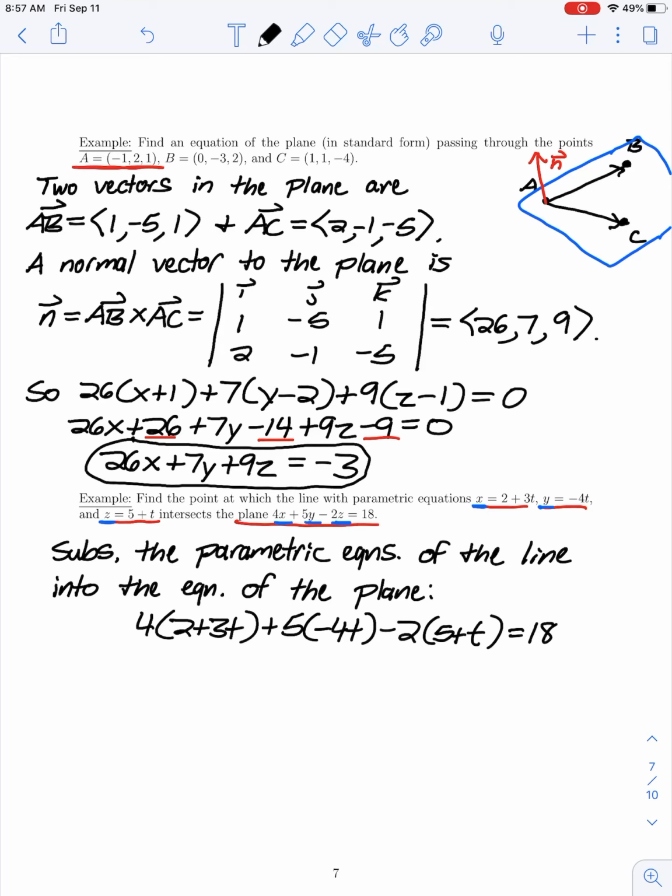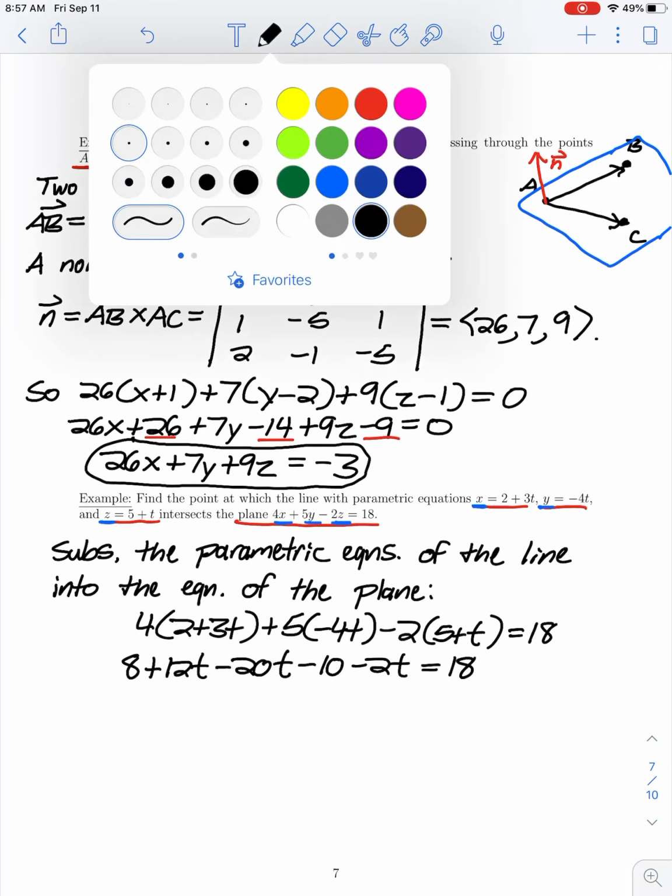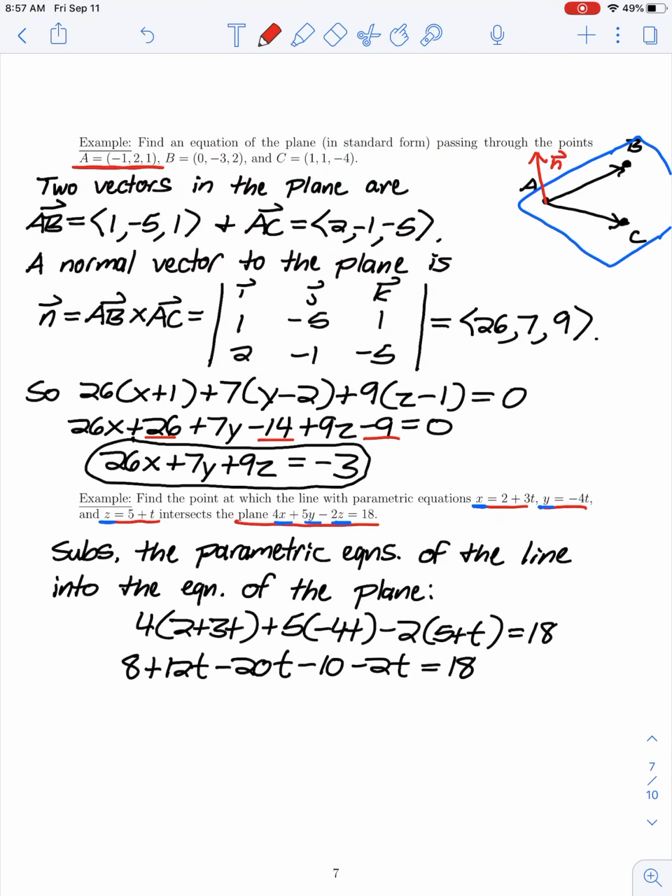So expanding, let's see what we have. We've got an 8 plus 12t minus 20t minus 10 minus 2t is 18. So let's start by grouping all of our t terms together. We had a 12t minus 20t, which would be negative 8t, minus another 2t, gives us negative 10t.